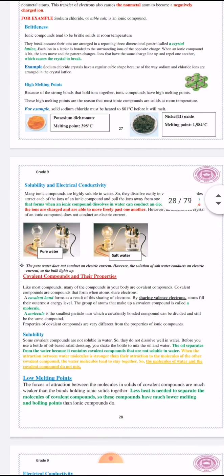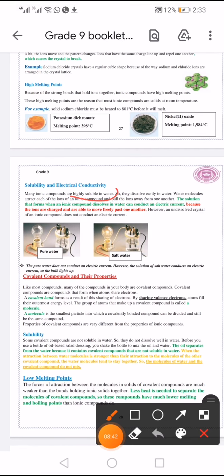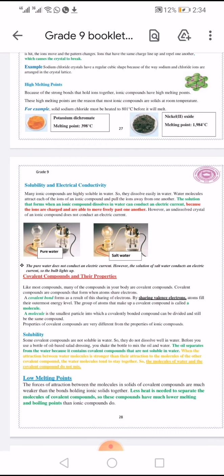Solubility and electrical conductivity. Many ionic compounds are highly soluble in water, like table salt, so they dissolve easily in water. Water molecules attract each one of the ions of an ionic compound and pull the ions away from one another.